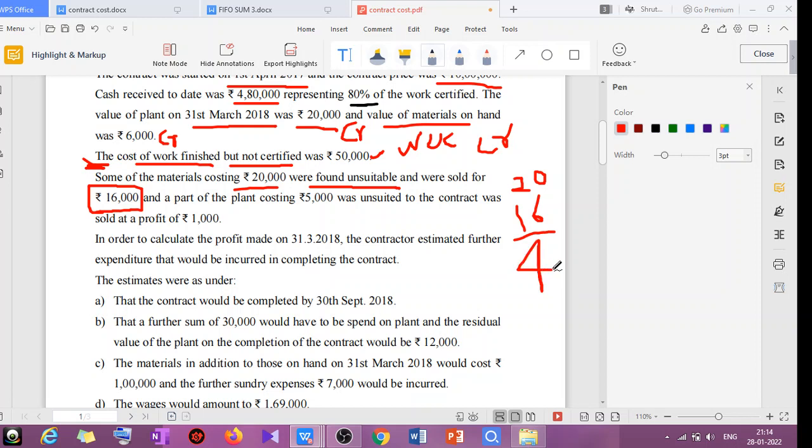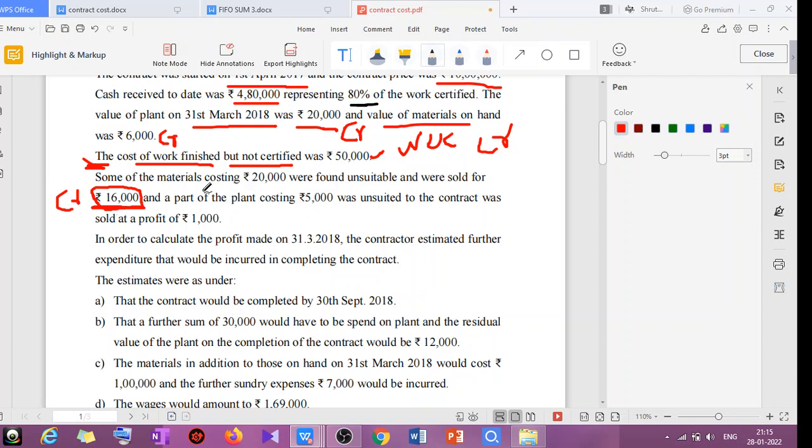So 4,000 will be the loss on sale of the material. Two things you have to make a point regarding this. Whenever there is a sale of material, what is the value of the material here? 16,000. That is the sale value of the material. 16,000 will be written under credit side of the contract, as by bank account 16,000.